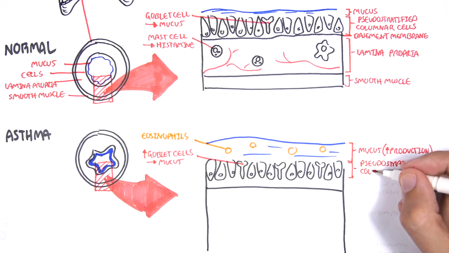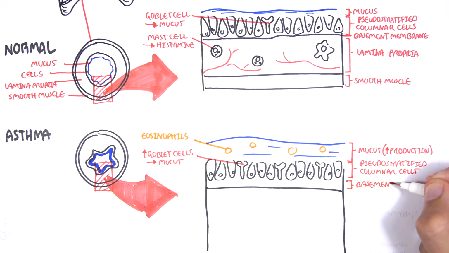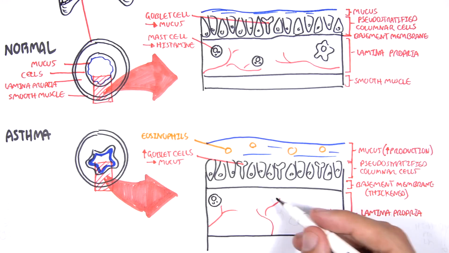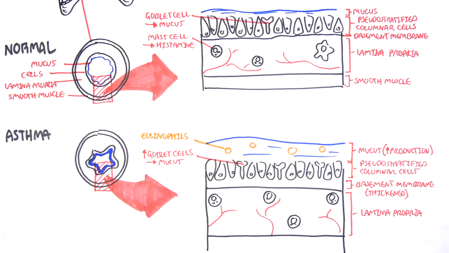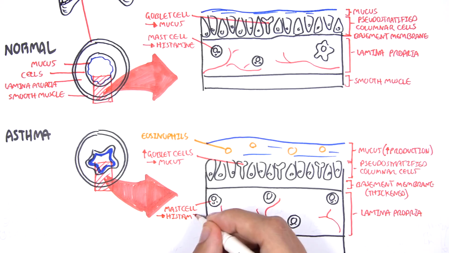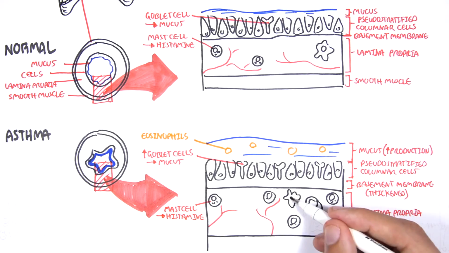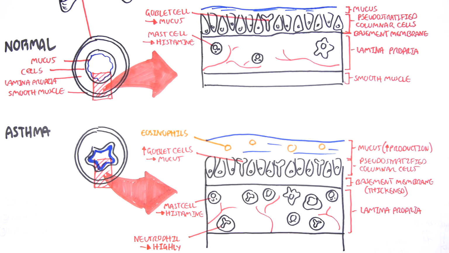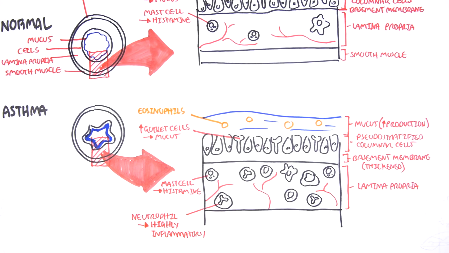Here we have the pseudostratified columnar epithelial cells, and below it the basement membrane thickens. Within the lamina propria we see an increase in mast cell numbers, and so we get an increase in histamine release. We also have an increase in other cell types, including neutrophils during inflammation, as well as T helper cells.